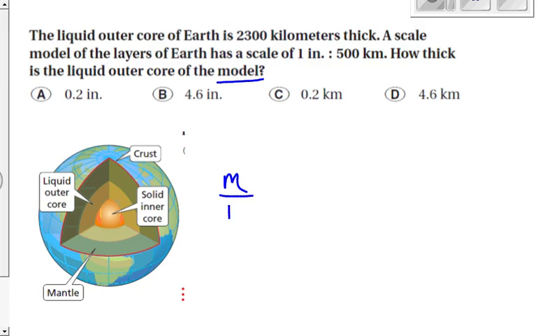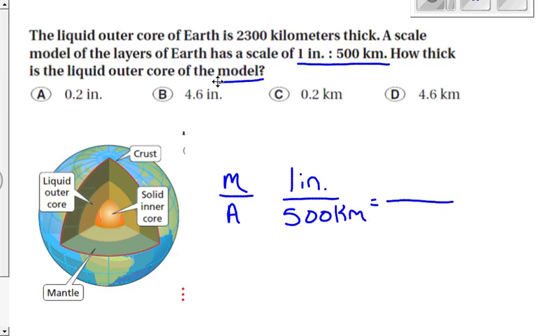So again, we're going to set it up, model over actual, and they give us our scale, which is 1 inch over 500 kilometers. Then they tell us that the liquid outer core of the Earth is 2,300 kilometers. So that's what our actual is.